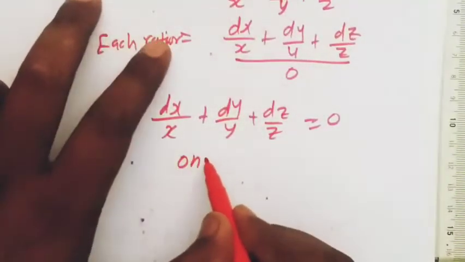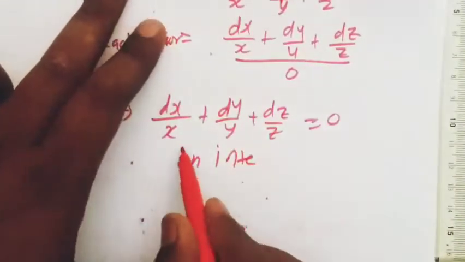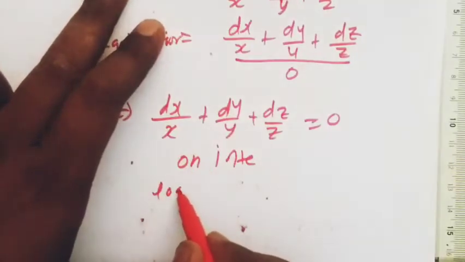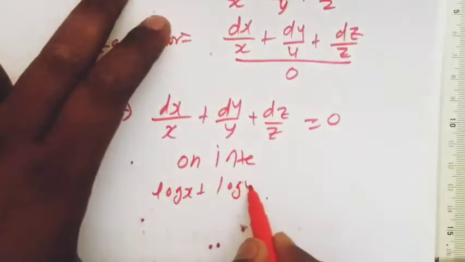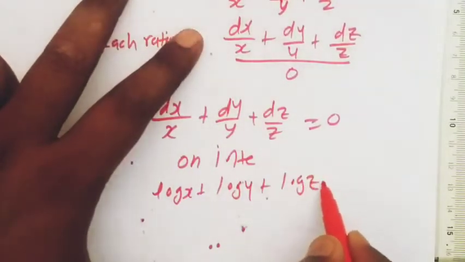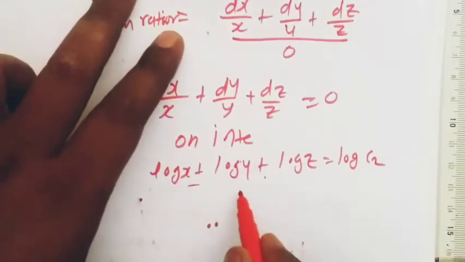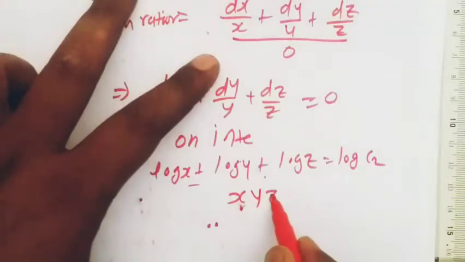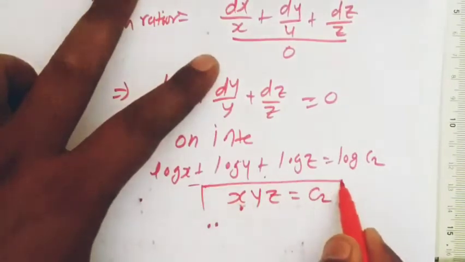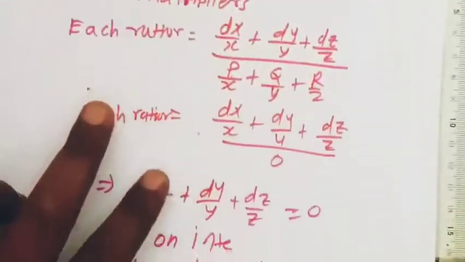Which is integrable. On integration, the integration of dx by x is log x, then log y, log z. Constant we will take as log c2. So after using properties of logarithm, this will give xyz equal to c2, the second relation, which is independent of the first relation.